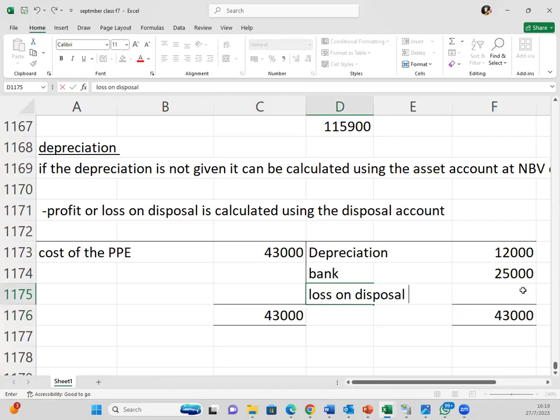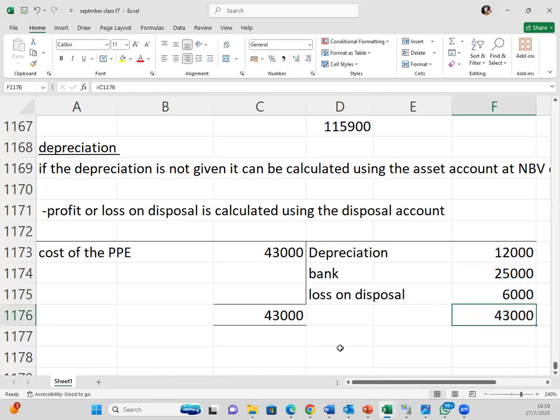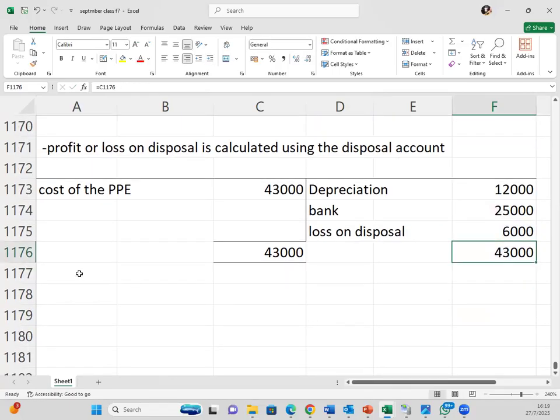So you can still use this T account format, or you can use the column form, if you're familiar with it. So for the column, they can give you the answer in this format.